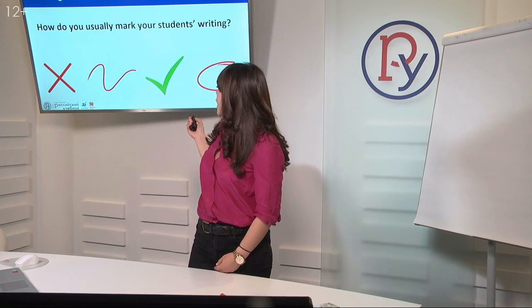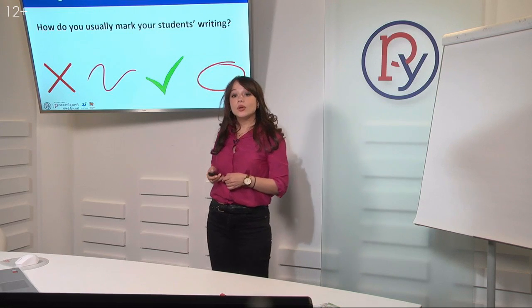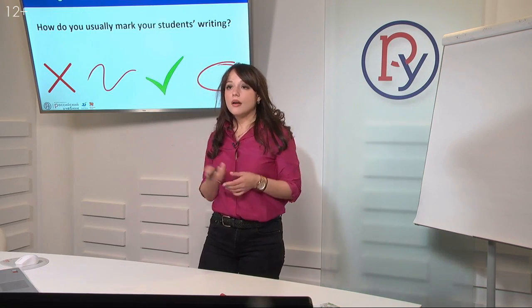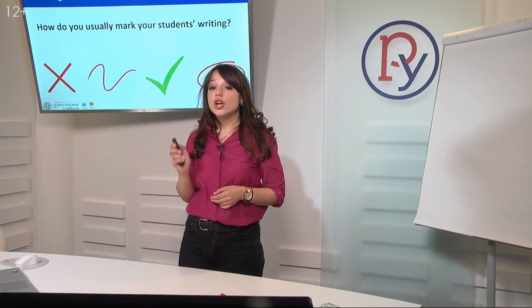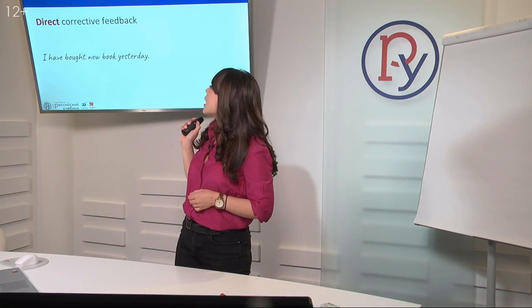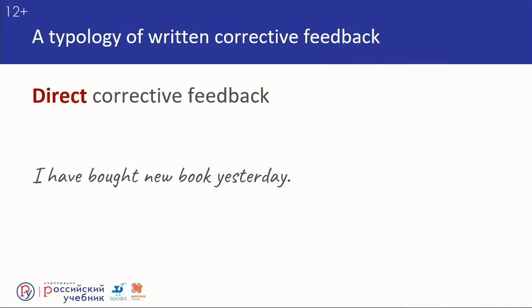But you can use different symbols, and you just agree with your students that they understand your symbols, right? And now we're going to have a look at the typology of written corrective feedback, of different strategies that we can use when correcting student writing.